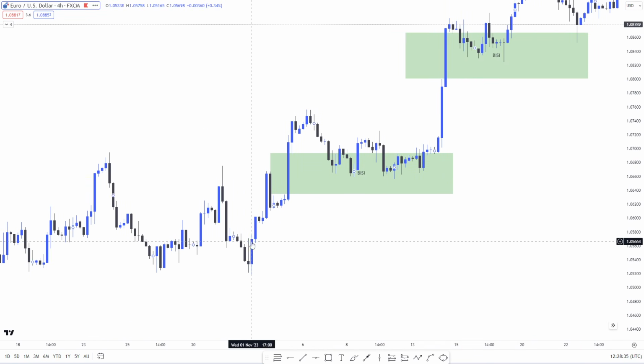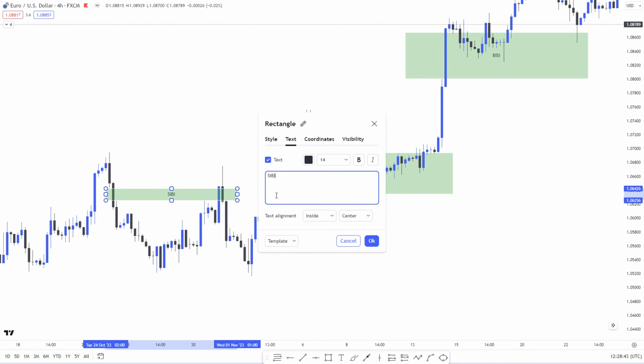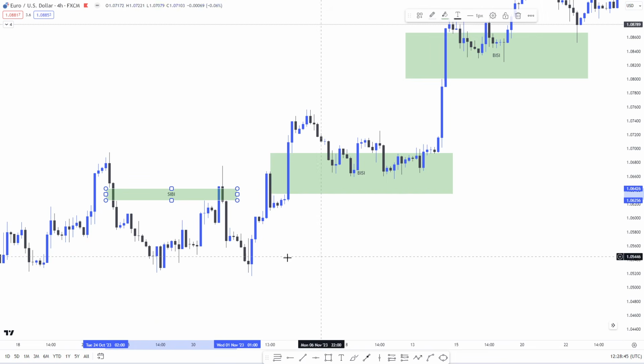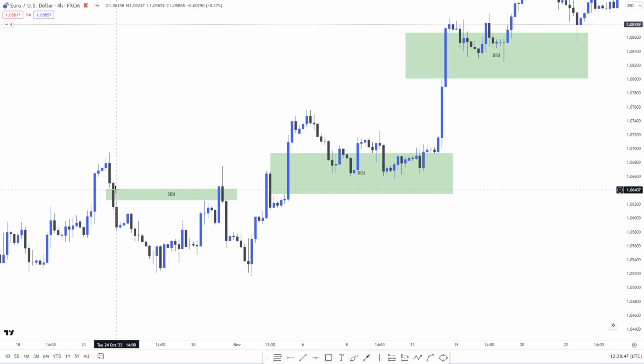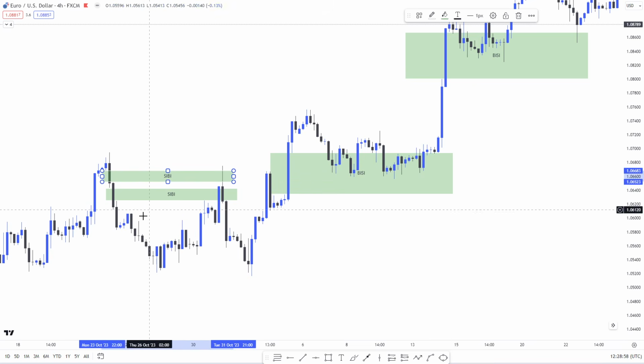Okay, we understand that these areas here is your SIBI. Why is that a SIBI? The reason it's a SIBI is because it is sell side imbalance, buy side inefficiency. The one up here is a SIBI. Why is that a SIBI? Sell side imbalance, buy side inefficiency.